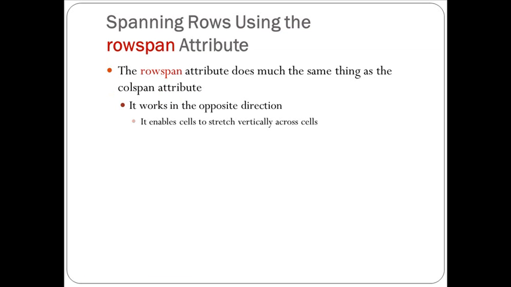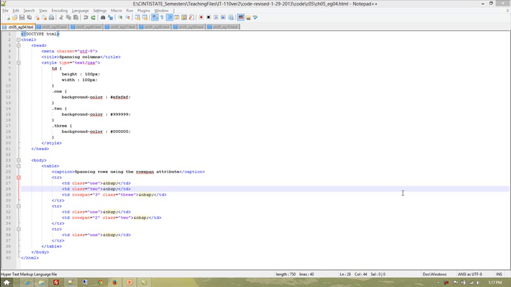The row span again acts just the same as the column span, but it works in the opposite direction. Instead of horizontal, it works vertically across cells. So for the row span, we'll go back to example 4, which is very similar to the 3 that we looked at, but you'll notice now in the first row, the third cell has a row span of 3.